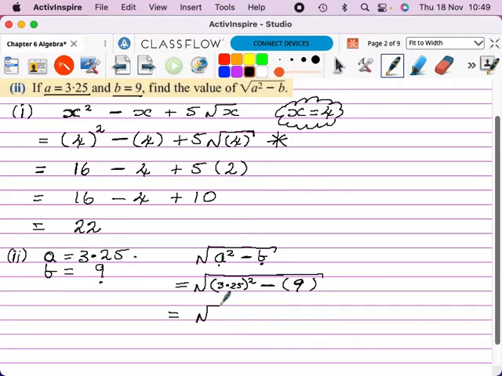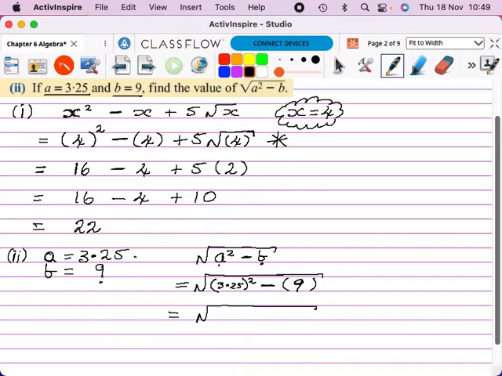Then what we do, and this is very important for future work, a break from what we said earlier, is when you've got a single square root like this on its own, you should always work out what's inside the square root first.